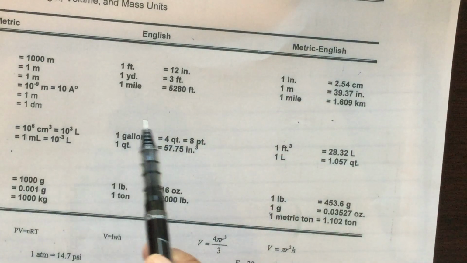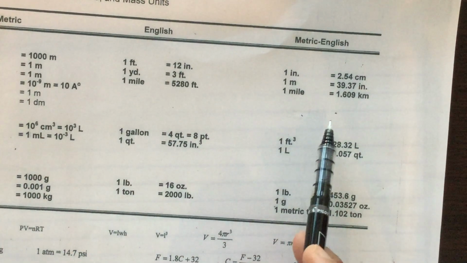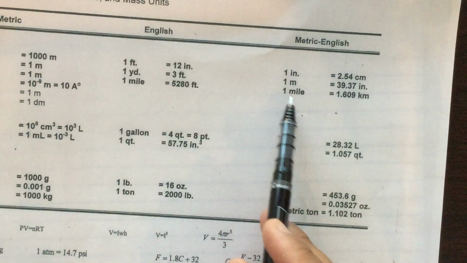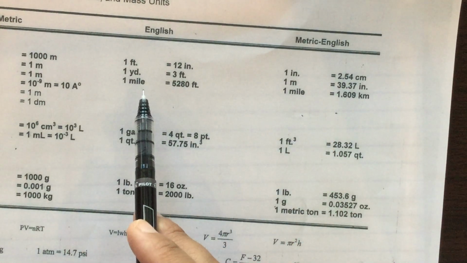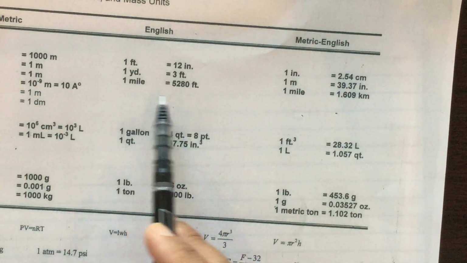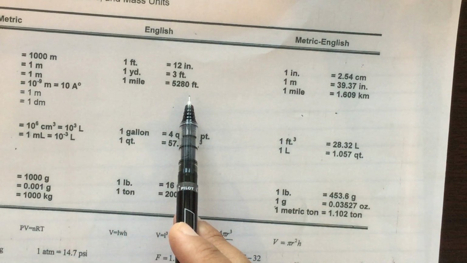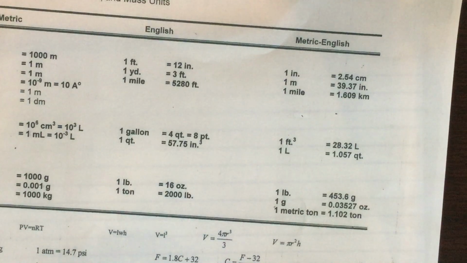And so one of the things you'll recognize is we do have a kilometer to mile relationship, and we also have a mile to foot relationship. And so what we'll do here is we'll do one conversion of kilometers to miles, and then we'll do another conversion from miles to feet.